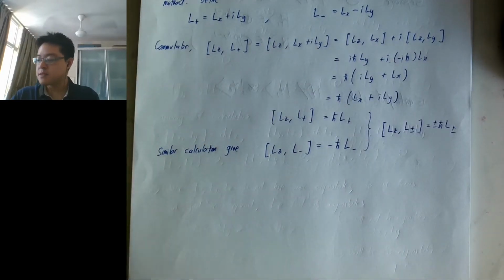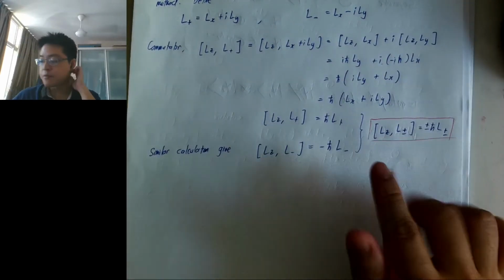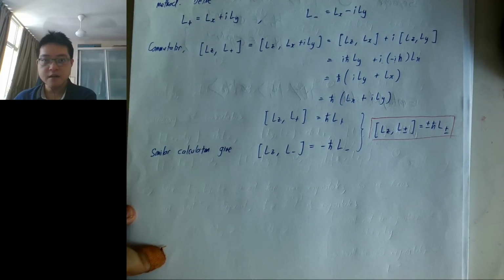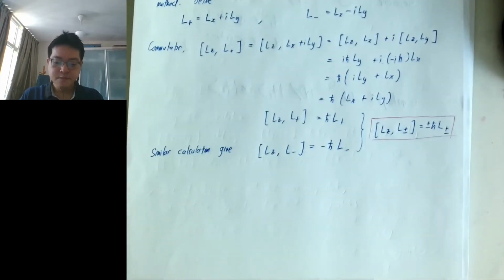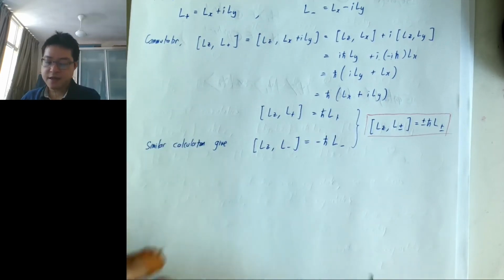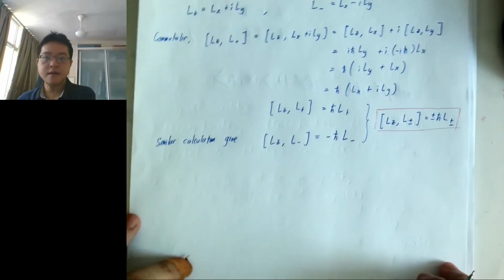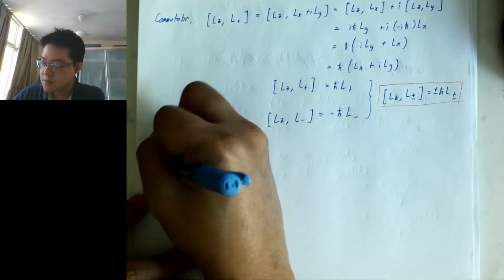Okay, so this is the commutation relation between our ladder operators and the z component. So this is how it works with Lz. Then how about L squared? L squared commutes with Lz, so the commutator is 0.